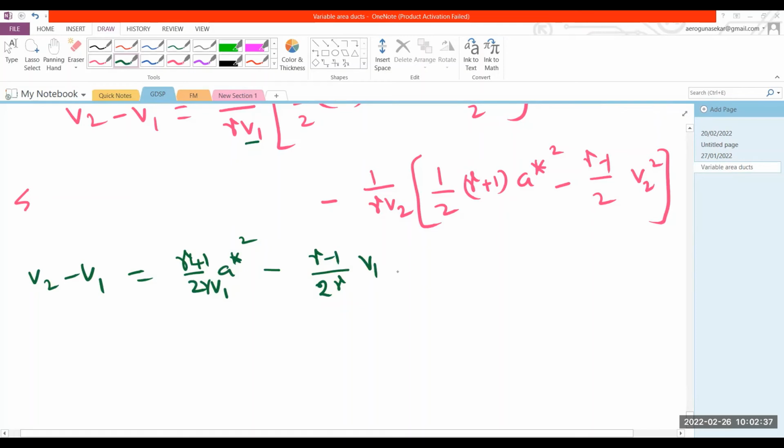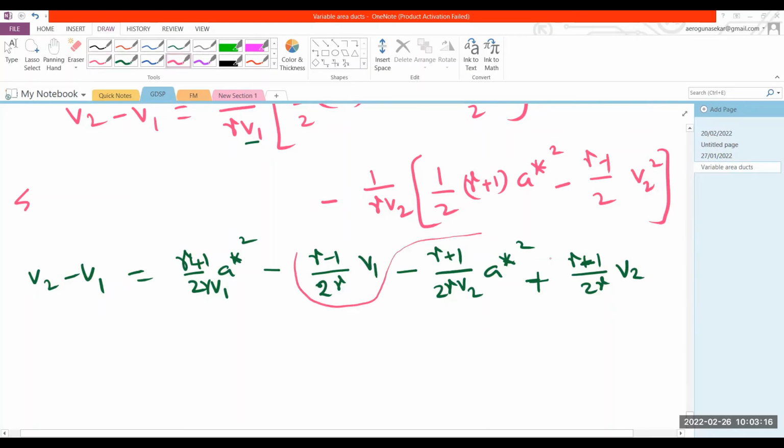Similarly, we can write minus gamma plus 1 by 2 gamma into v2 into a star square, minus into minus, this will become plus, gamma minus 1 by 2 gamma into v2. I was talking about these two terms; combining them, these two terms can be simplified.